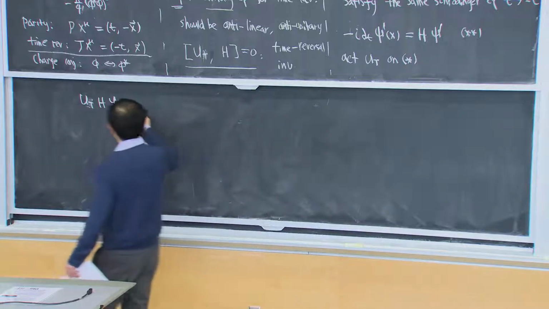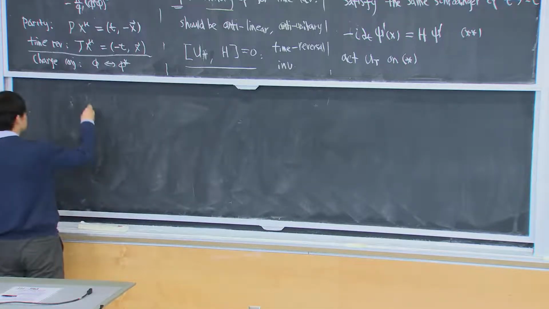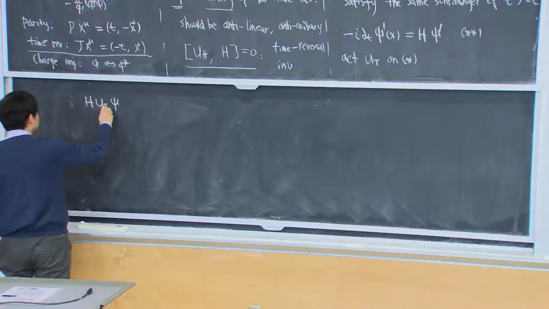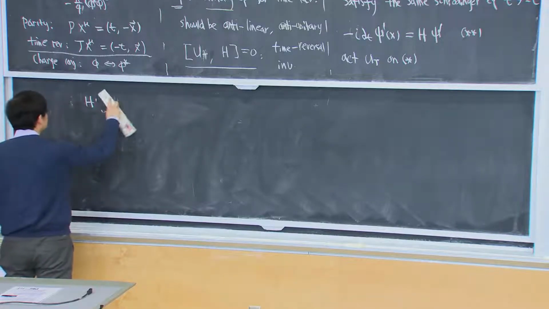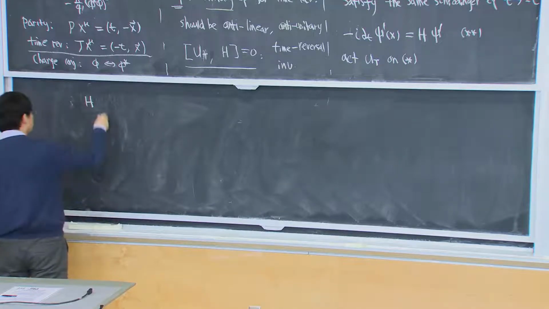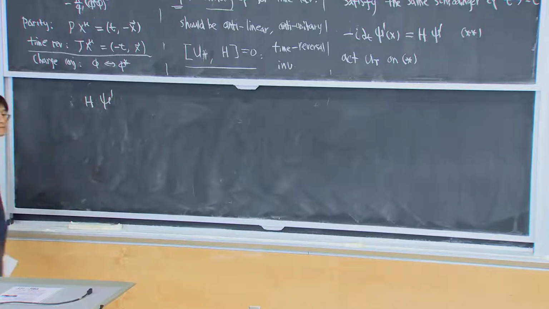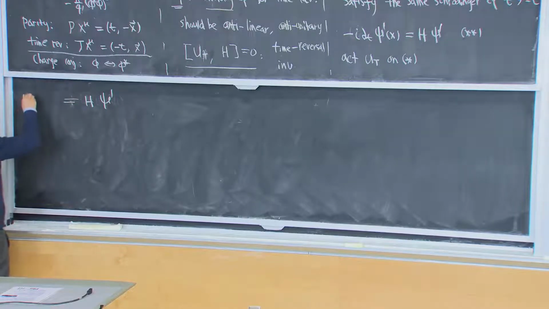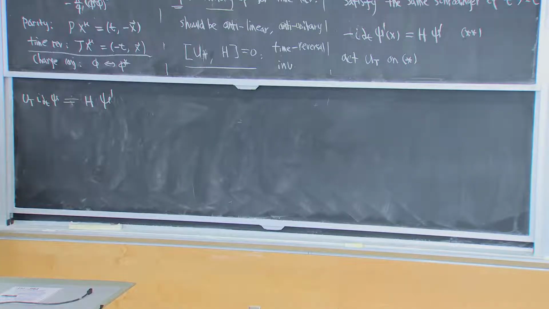This is the same as H U_T psi, and U_T psi is just psi prime. So the right-hand side just gets psi prime. And the left-hand side, you get U_T i partial_t psi.